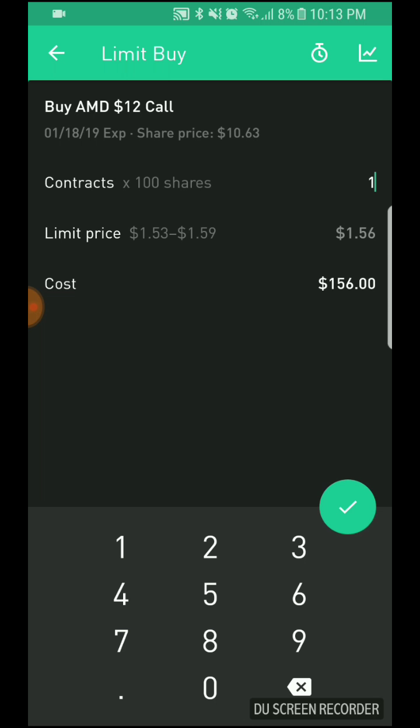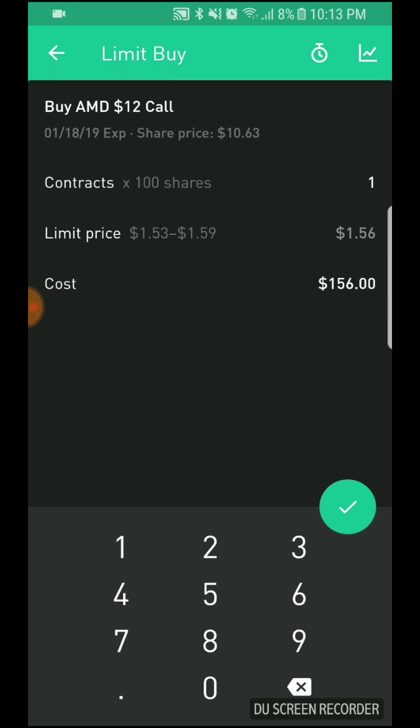So instead of $156, you will get roughly $312. So that's the beauty of options. You can literally double your money.